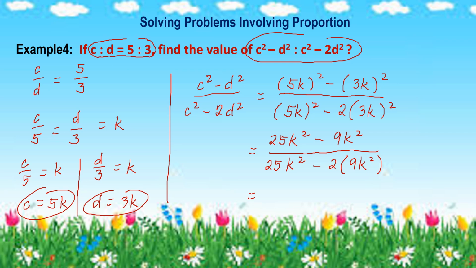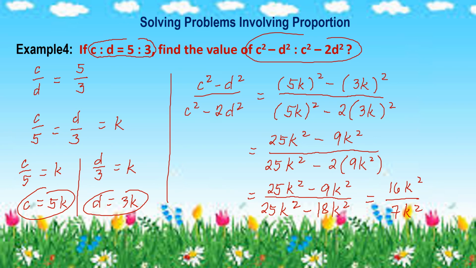So we now have 25k squared minus 9k squared over 25k squared minus 2 times 9, 18k squared. 25k squared minus 9k squared, that is equal to 16k squared over 25k squared minus 18k squared, that is equal to 7k squared.